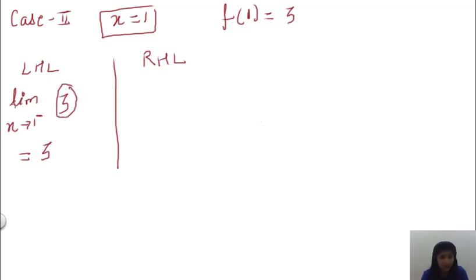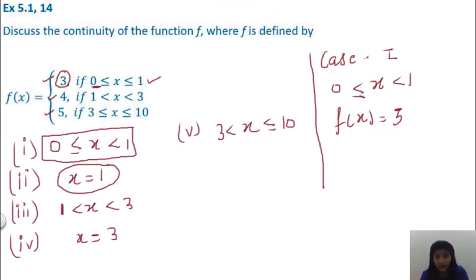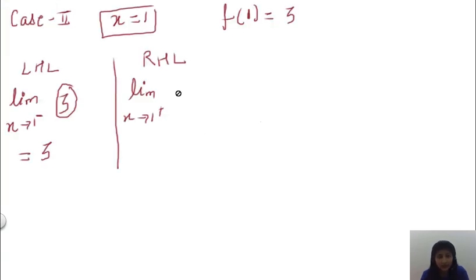It is a constant number. Now in RHL, limit will tend to 1 plus. As I can show you, for x greater than 1, the value of the function you can clearly observe is 4. Let us write this value in our answer. So here we are going to write it as 4.